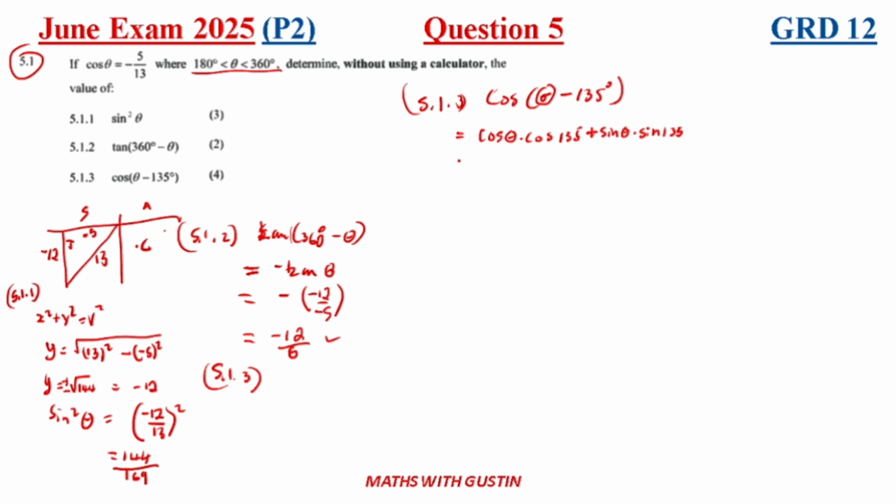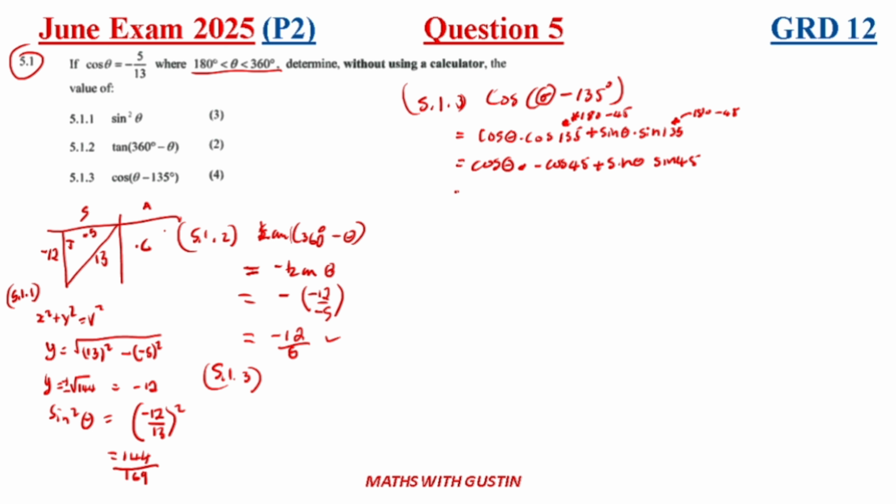Great. So now what do we have? This 135 here, you can also change to 180 minus 45, and even this one can also be 180 minus 45, so that we can simplify it. So cos theta, at 180 minus we're in the second quadrant, so cos is negative, so it's going to be negative cos 45 plus sine theta, and then also here at 135 sine is positive, so it's going to be sine 45.